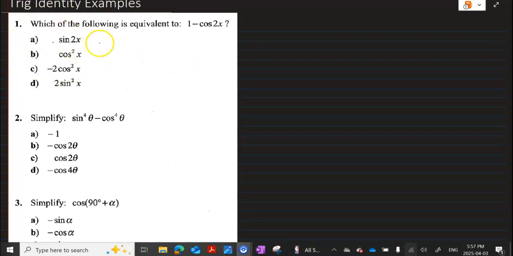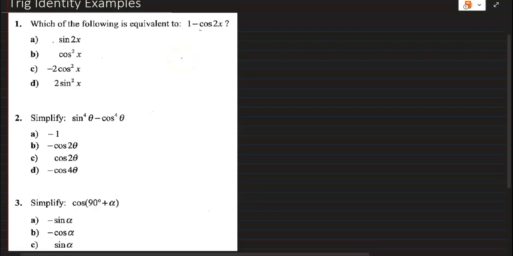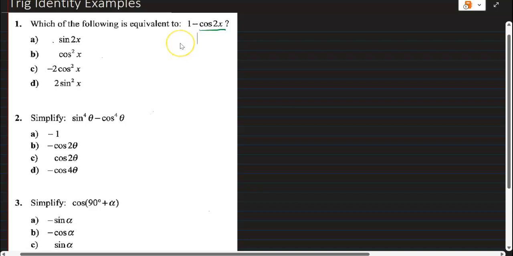Question 1. Which of the following is equivalent to 1 minus cos of 2x? This is a double angle identity, and there are four equivalent expressions of cos of double angle. Three of them involve sine and cosine, and one involves tangent only.